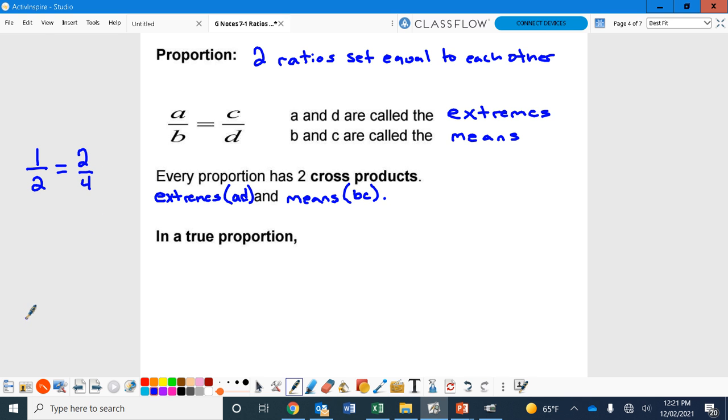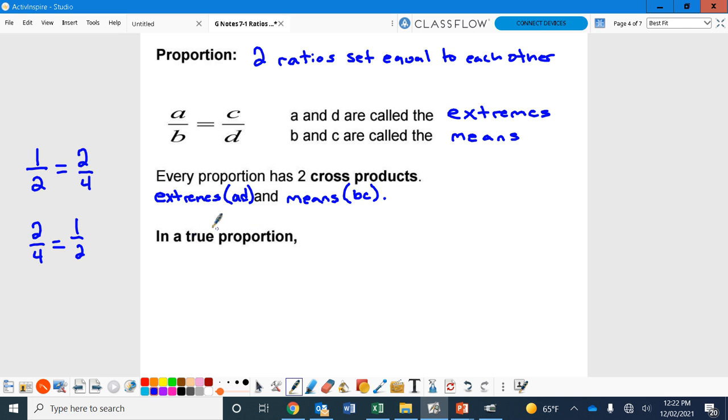Okay. So you see this a lot, guys. 1/2 equals 2/4. Usually you see it the other way around. Usually you see 2/4 equals 1/2 because we reduce a lot. Those two fractions are what to each other? Equal. And in a true proportion, not only are the two ratios equal to each other, but their cross products are also going to be equal.